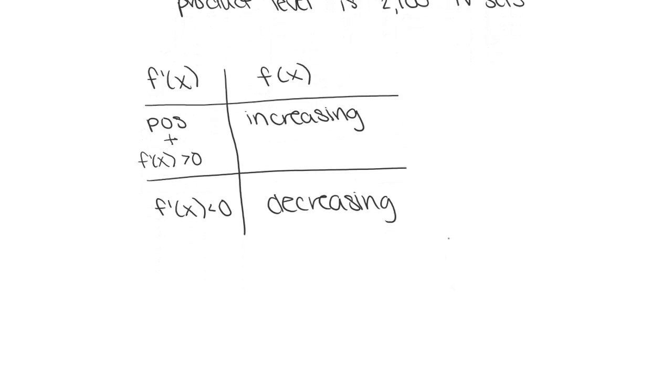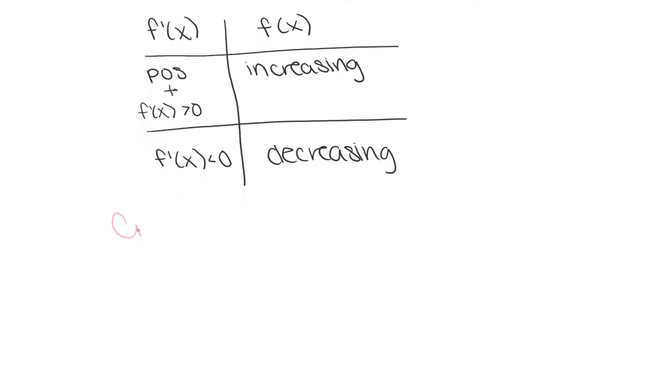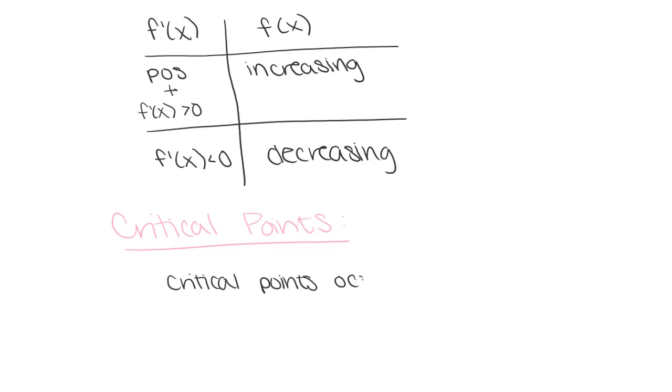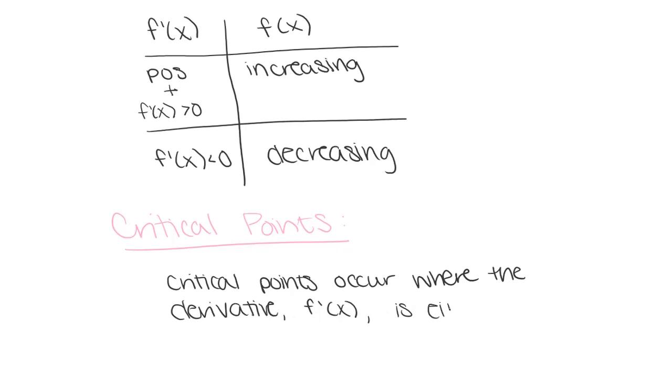So to find critical points, critical points occur where the derivative, and typically we see the derivative referred to as f prime of x, is either 0 or undefined.